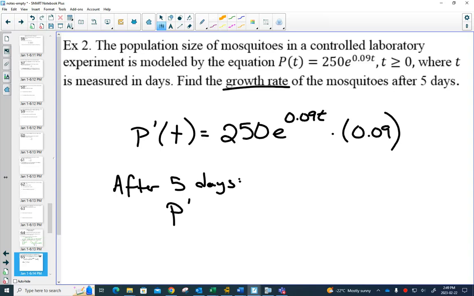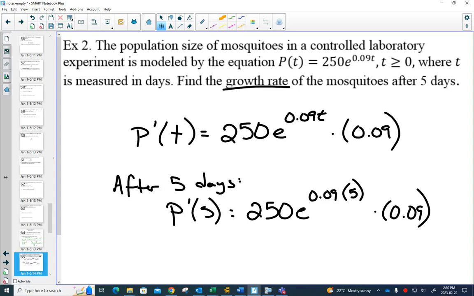After 5 days, we would just plug in 5 for t.